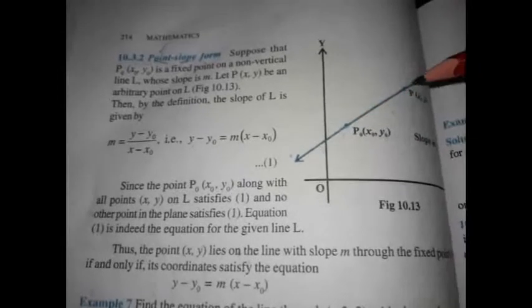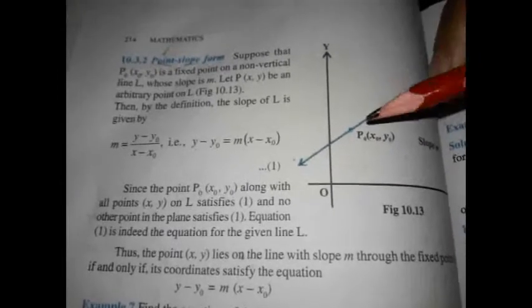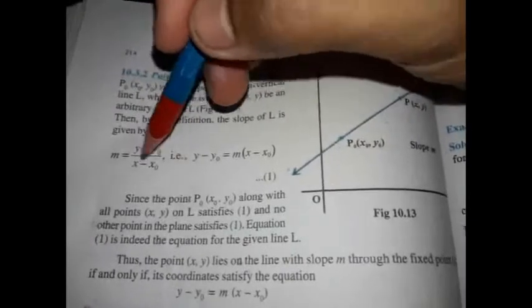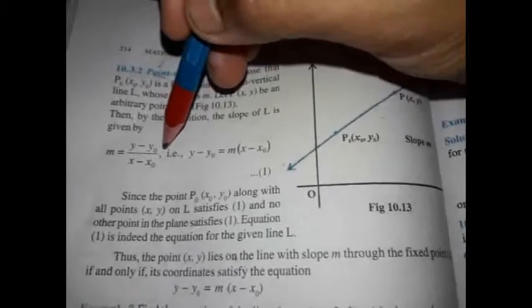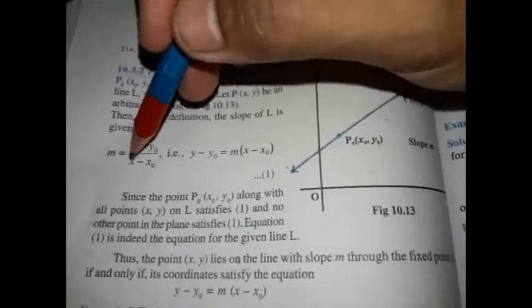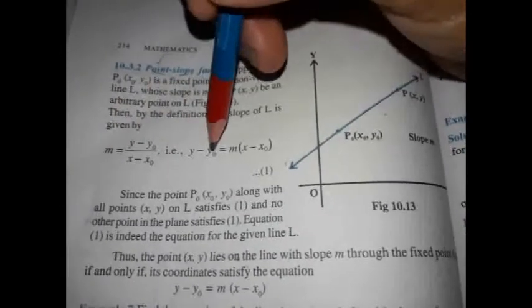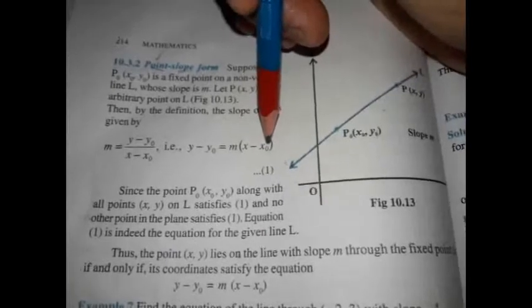When we know two points on a line, how will you find the slope? y2 minus y1 divided by x2 minus x1. So m is equal to (y minus y0) divided by (x minus x0), because this is the slope formula. Now cross multiply and we get y minus y0 is equal to m into (x minus x0).